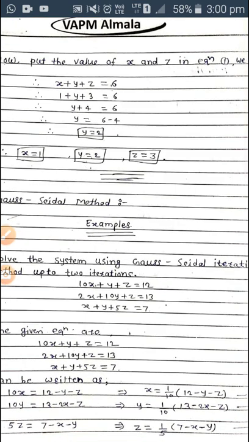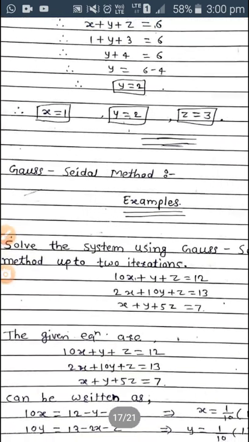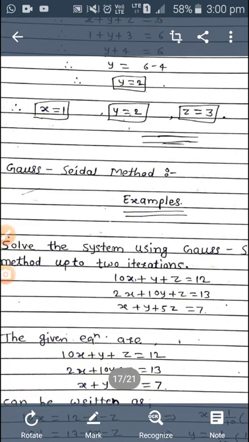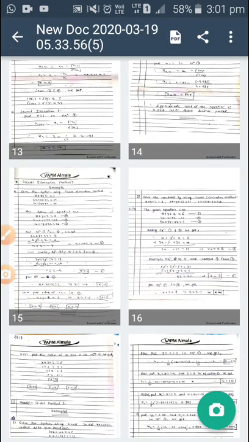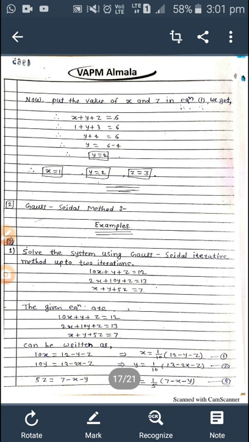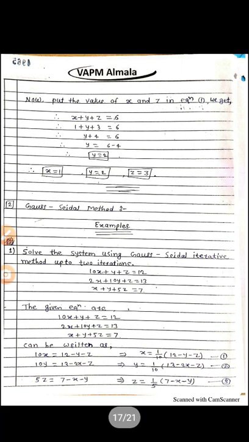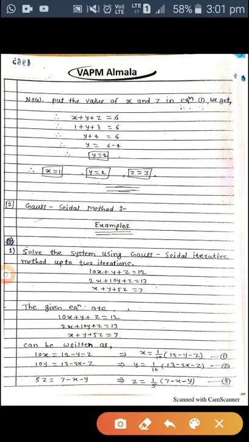Consider the first equation, 10x + y + z = 12.